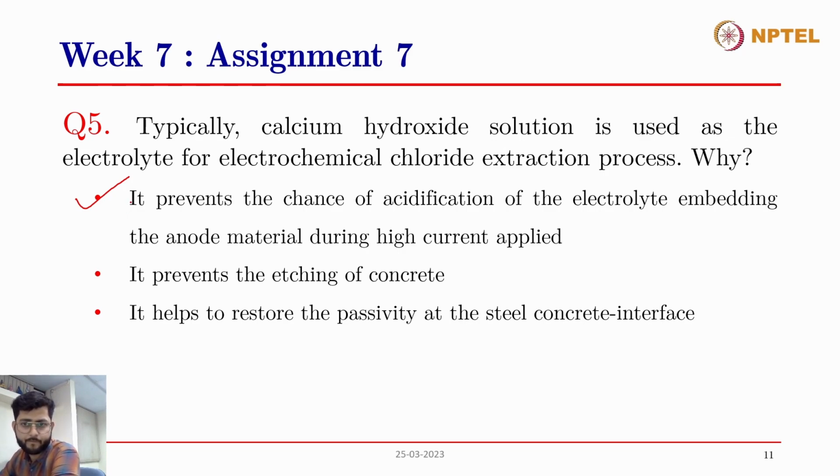Then it prevents the etching of concrete, which is a common problem when we use this extraction system. Then since this is alkaline in nature, it restores the passivity at the steel concrete interface, because calcium hydroxide is alkaline, its pH value is quite high, so it restores the passivity.